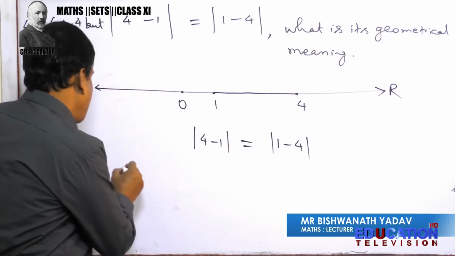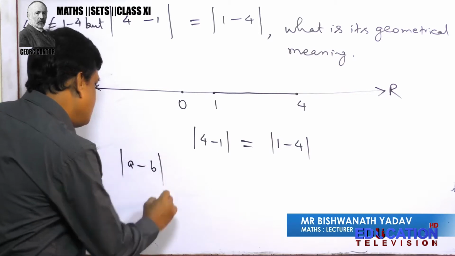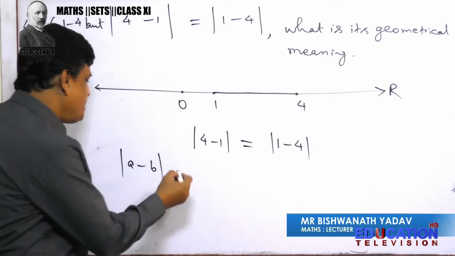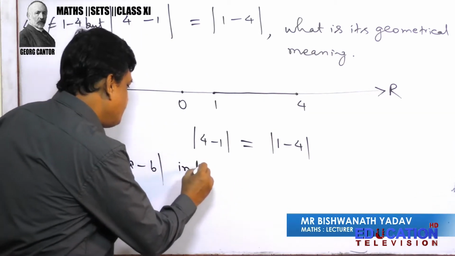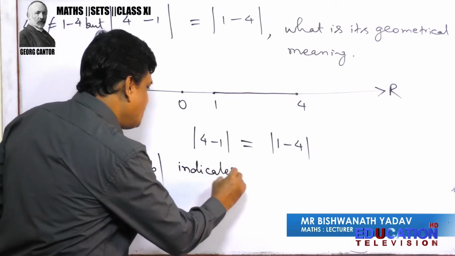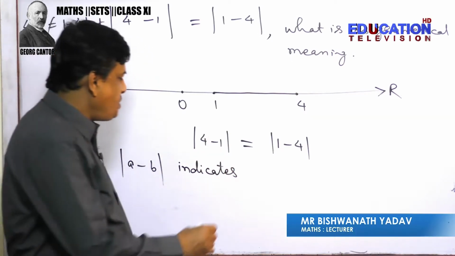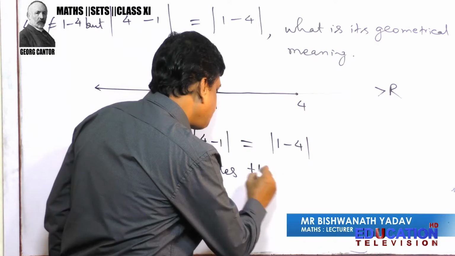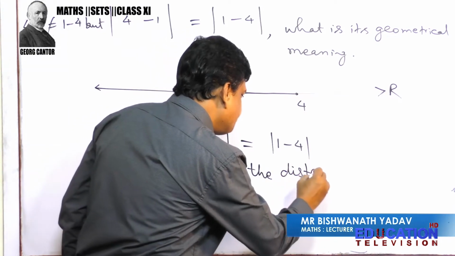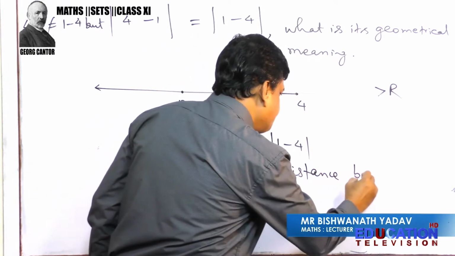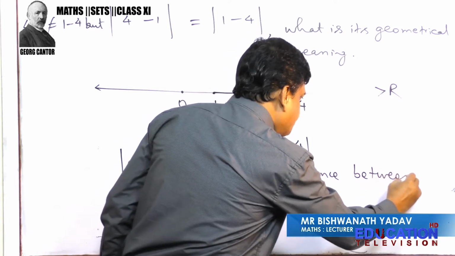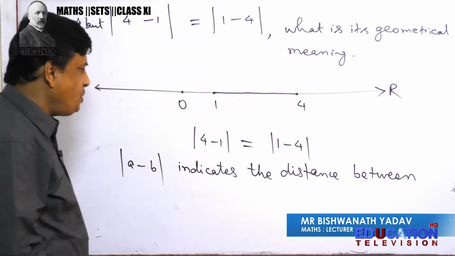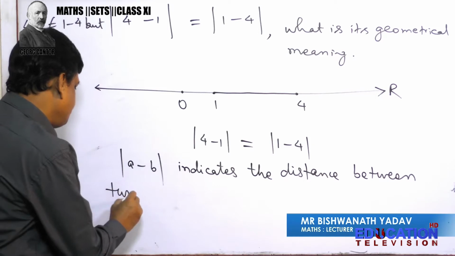So modulus A minus B indicates the distance between two points.